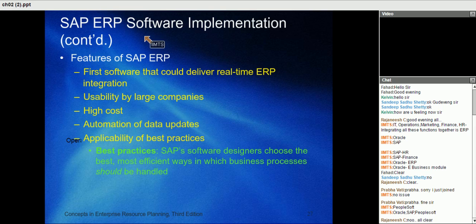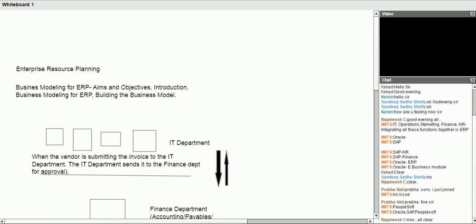Now let us see some of the features of SAP ERP software: real-time ERP integration, usability by large companies, high cost, automation of data updates, and application of best practices.